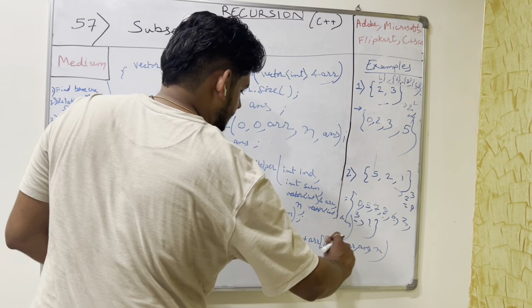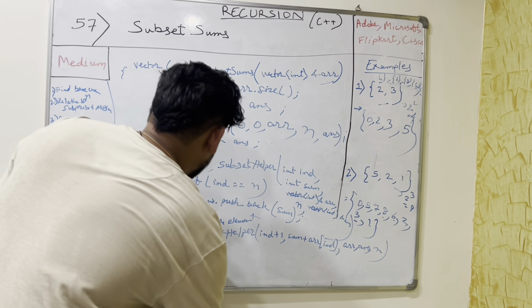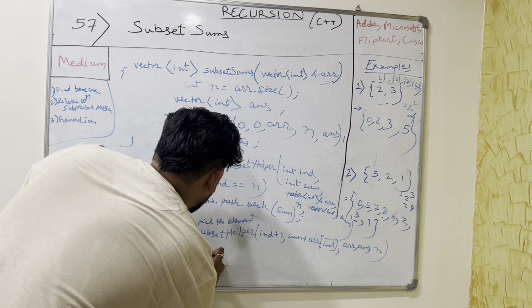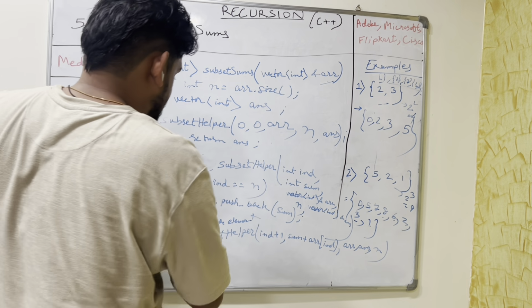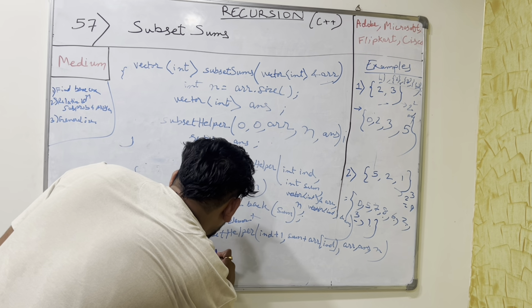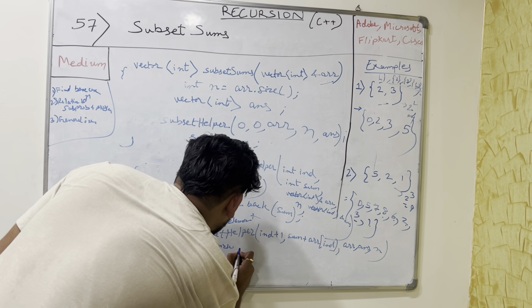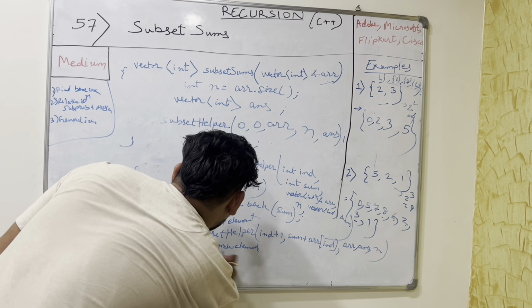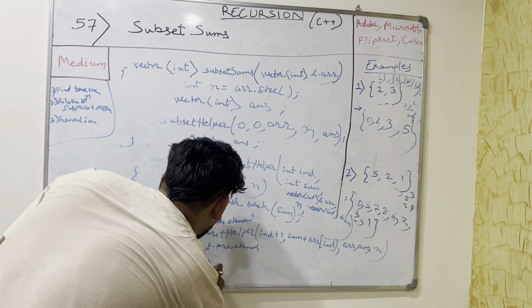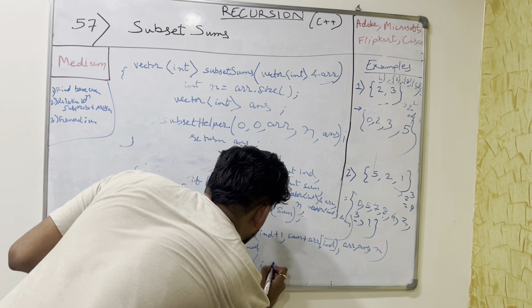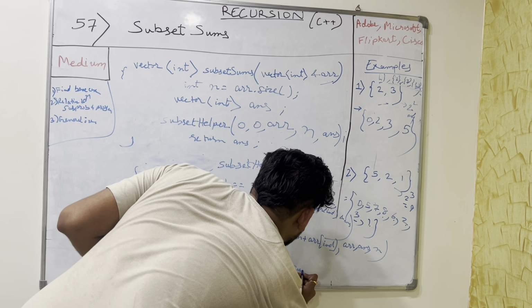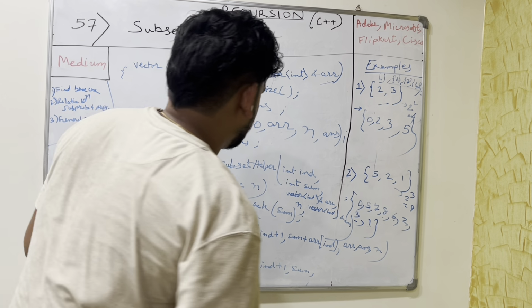Now this function will pick, and then again this thing will happen. The second time, like when we drew the tree, we had two options, either pick or not pick. So pick is done. Then we will not pick the zeroth element. So we call subset helper again, and here we move forward, but the sum would be the same, that is 0 in this case.